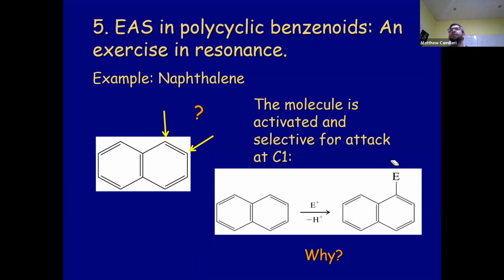Now, you might not have seen too much of these kind of groups. Fused benzene rings. So this is naphthalene. Something like naphthalene is actually very important in medicine.